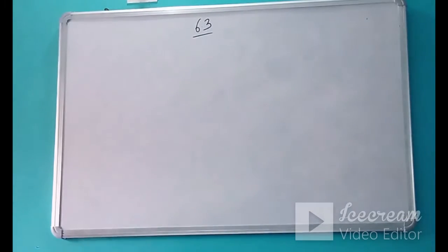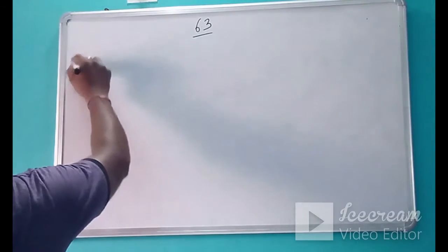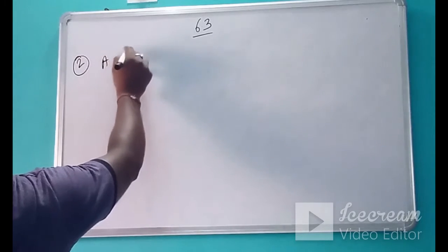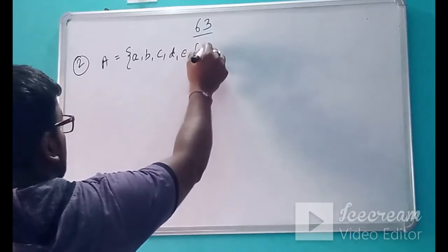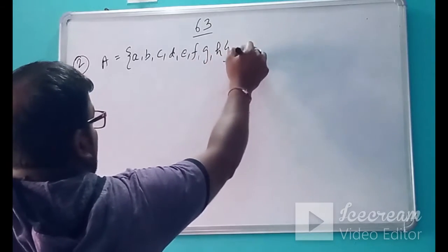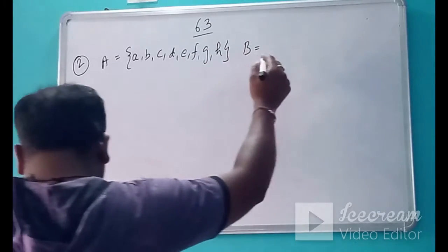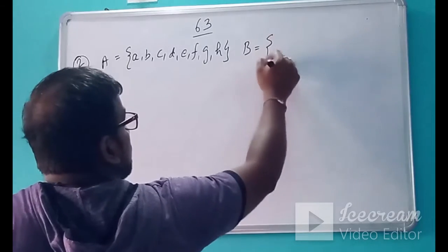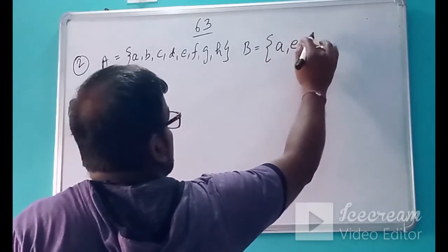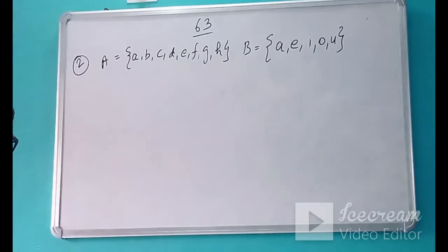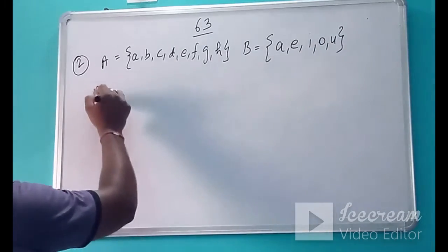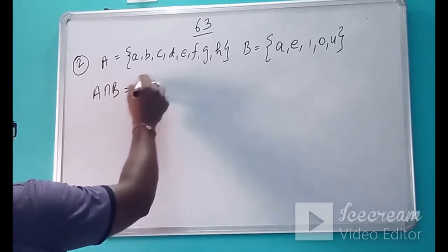Okay, let's discuss the exercise 6.3 and let's see what we will do in this exercise. Suppose I have a set that is A = {a, b, c, d, e, f, g, h}, and suppose one set is there {a, e, i, o, u}. Okay, so these are the two sets and I have to calculate A intersection B. So how will I calculate?